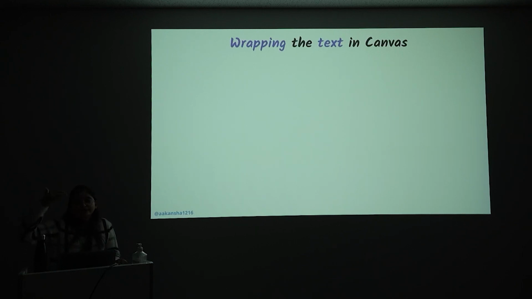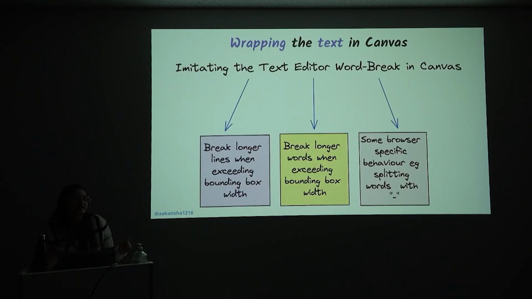If you want to render multiple lines in the canvas, you have to render them individually. Keeping that in mind, we need to imitate the text editor's word wrap algorithm in the canvas. We need to write our own wrapping algorithm so that it works the same way in the canvas as it is working in the text editor right now.